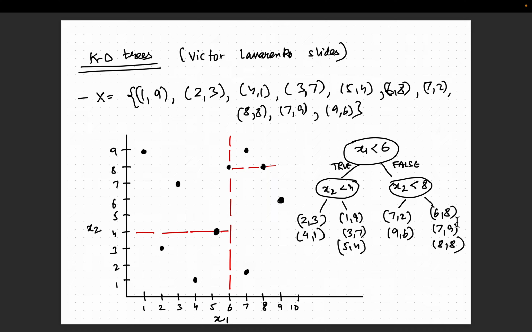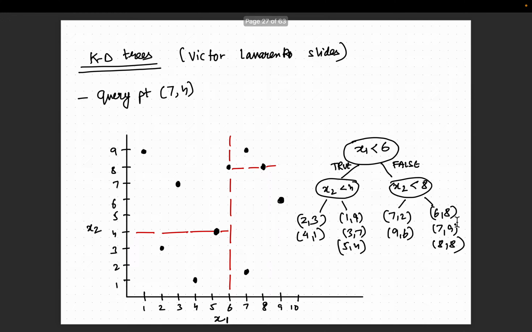Now, given a query point 7, 4, I want to find its prediction, that is, find the nearest neighbor for this. For that, I walk down the tree. I first see that for the first dimension, is 7 less than 6? False.